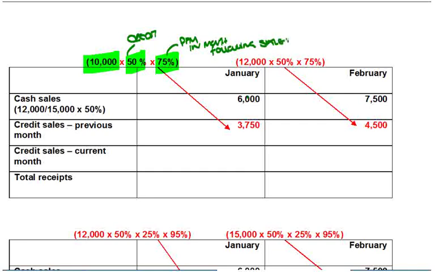Okay, so 75% of the credit sales. So 10,000 times 50% gives me 5,000. 75% of those, 3,750. That's what the figure is in terms of the cash coming in the January month from those December credit sales. Same thing then when it comes on to February, I'm looking at the January sales that's going to come in cash a month afterwards.